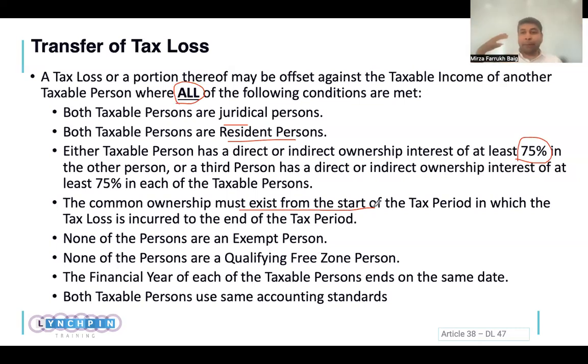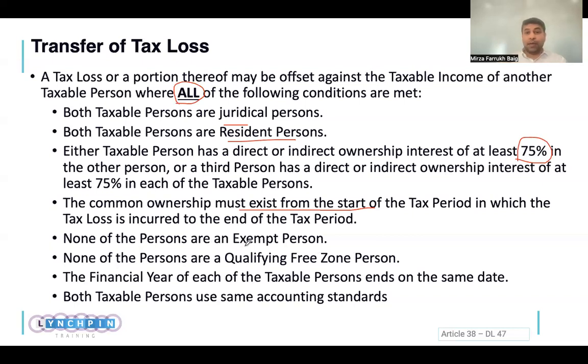So if somebody joins in between, of course, the tax losses cannot be shifted. If I've acquired an entity where my holding is, for example, 80%, but I acquired it in the middle of the year, then for such entity I cannot transfer the tax losses.